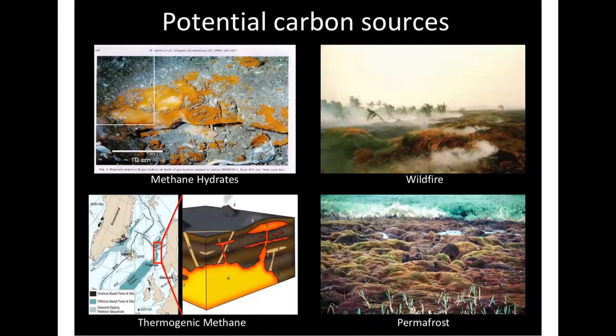And so there have been various ideas floated as to where all that carbon came from that involve maybe methane hydrates or wildfires or permafrost or volcanic, and deeply intruded or erupted magma.